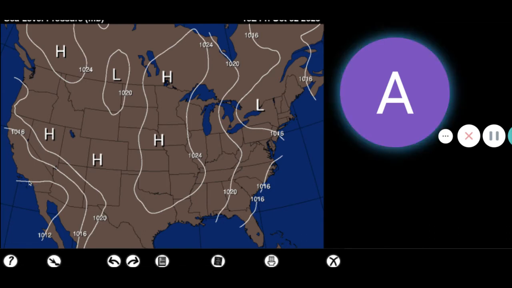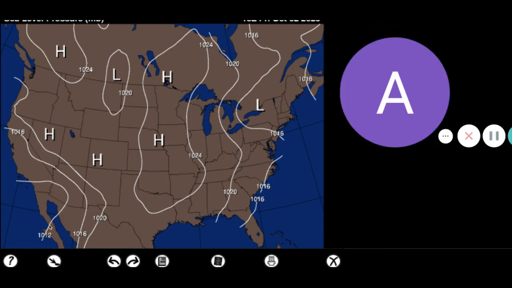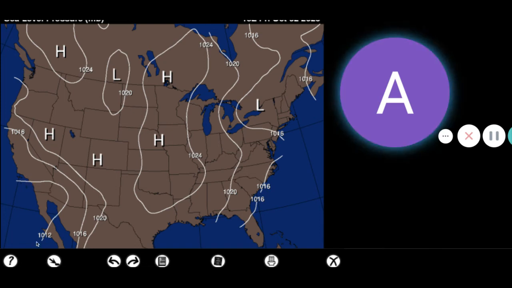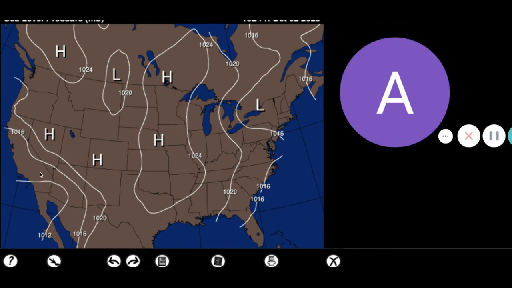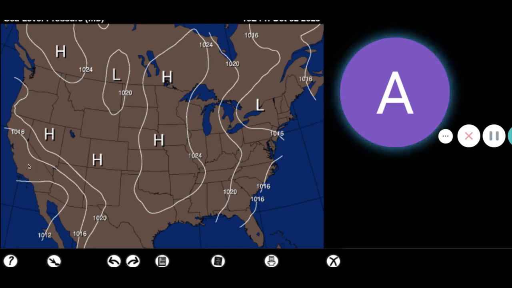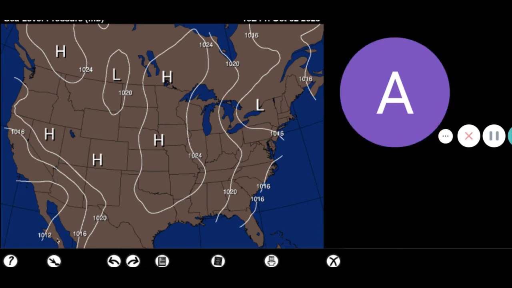Then right down here, Southern California and into part of Mexico, there's a 1012 millibar isobar. Everywhere between this 1012 isobar and this 1016 isobar, we just assign it as 1012 millibars. So in this area where my mouse is, the air pressure is 1012 millibars.